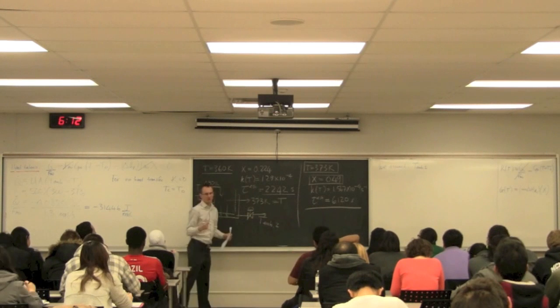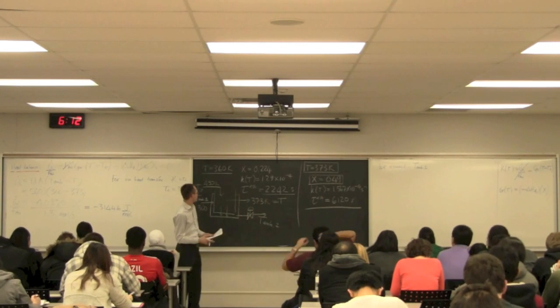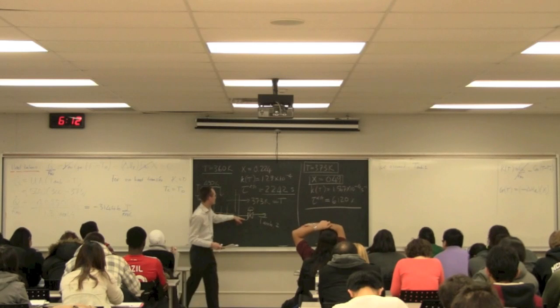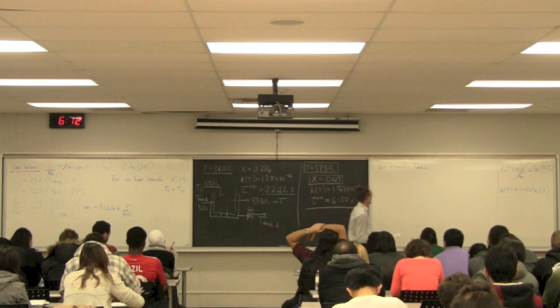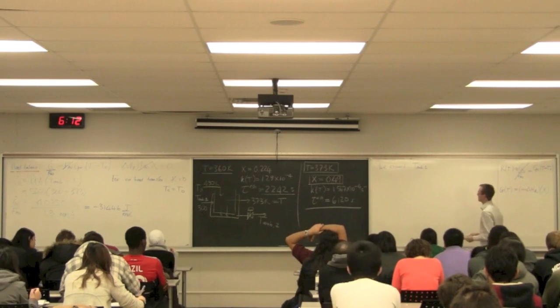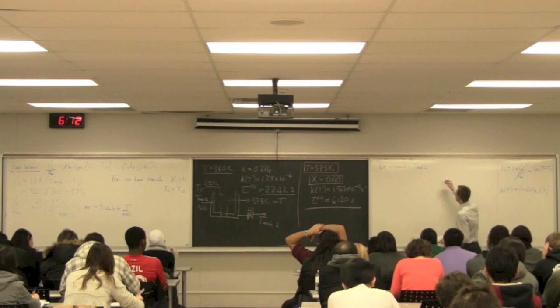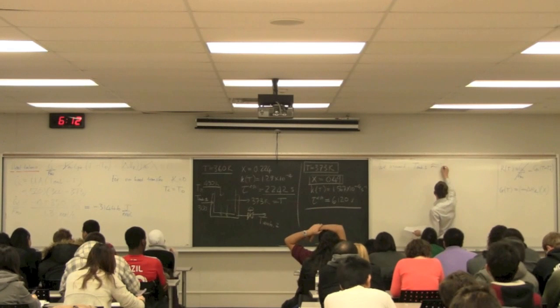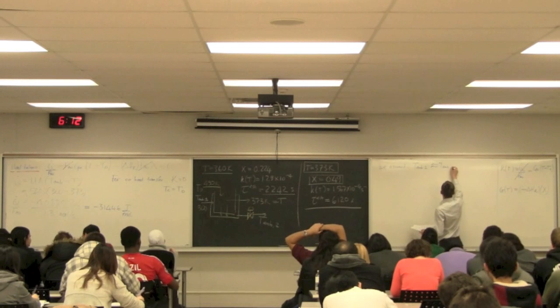But we know from our heat transfer courses that if those two temperatures were identical, we're not actually getting heat transfer. But we assume that at least T ambient 1 was close to T ambient 2.